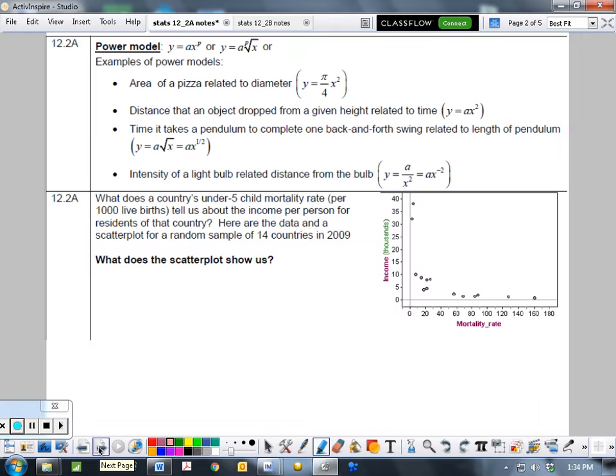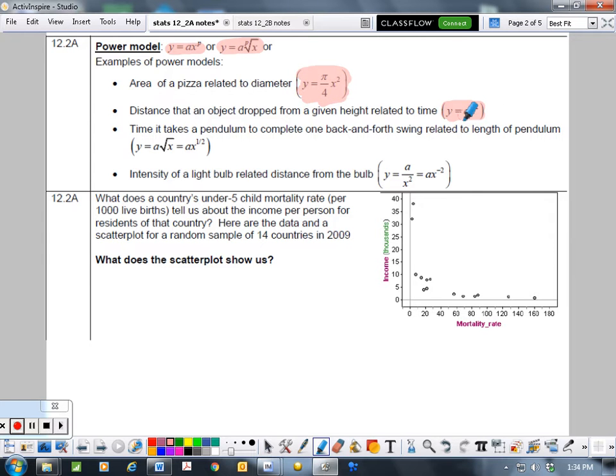Okay, so we're going to be looking at power models, which means that usually our x is to a power or our x is to a root, but not always. You might see something like this, area. So the area of a pizza related to diameter would have an equation like this. The distance that an object is dropped from a given height is a quadratic type.